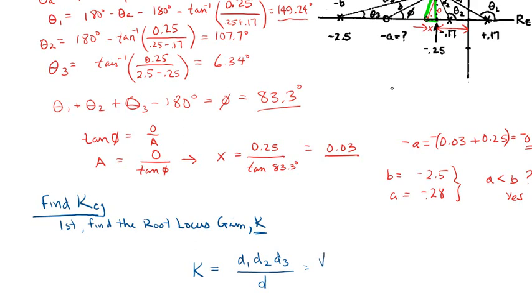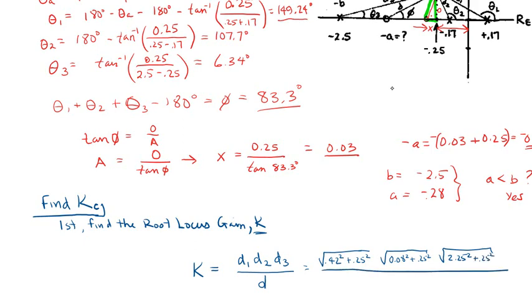So we're just using the Pythagorean theorem. So D1 is going to be 0.42 squared plus 0.25 squared. D2 is 0.08 squared plus 0.25 squared. And D3 is 2.25 squared plus 0.25 squared.